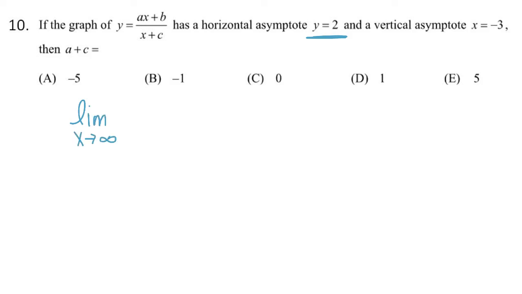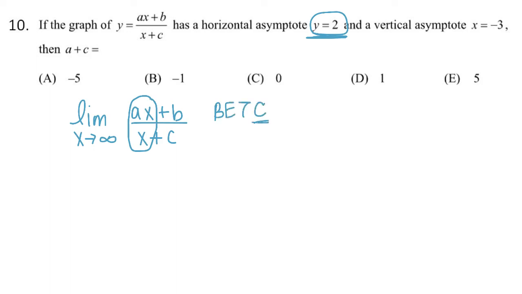So the limit as x approaches infinity of our given function ax plus b over x plus c, well, if my horizontal asymptote is 2, then that means this ratio, this is what we called in class a Betsy. Bottom equals top, so it's the ratio of coefficients. So that tells me that ax over x has to be equal to 2, so therefore we see that a is 2.